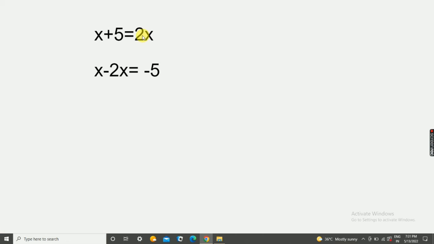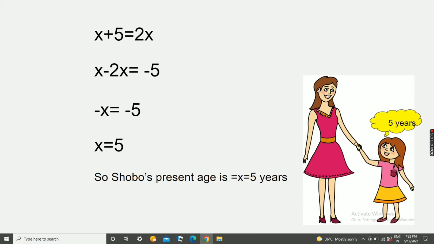Now, shifting 2x to the left hand side, we got x minus 2x is equal to, we shifted 5 to the right hand side, so it becomes a negative sign, minus 5. Solving this, x minus 2x is equal to minus x is equal to minus 5. Minus minus got cancelled, so x is equal to 5. We had assumed that Shobo's present age is x.